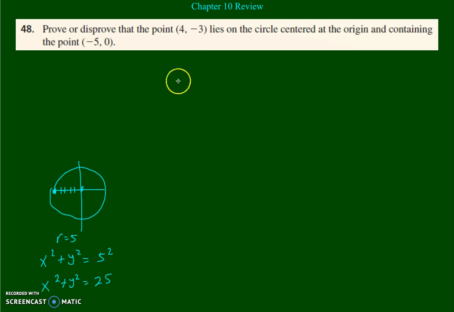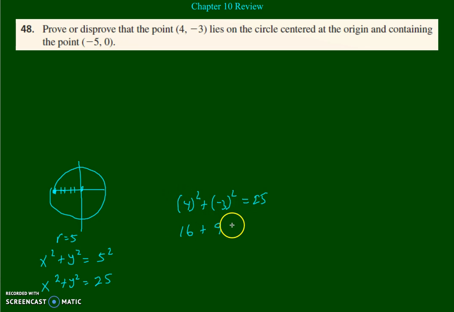Now, to determine if this point is on this circle, we simply substitute this value for x, this value for y, and see if it equals 25. So we have 4 squared plus negative 3 squared equals 25. 4 squared is 16.